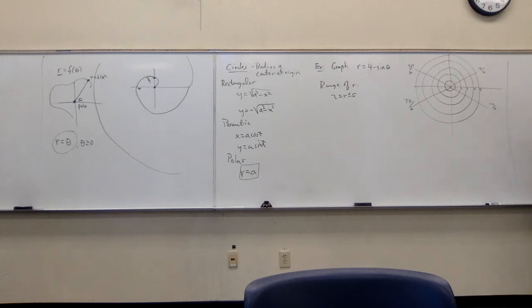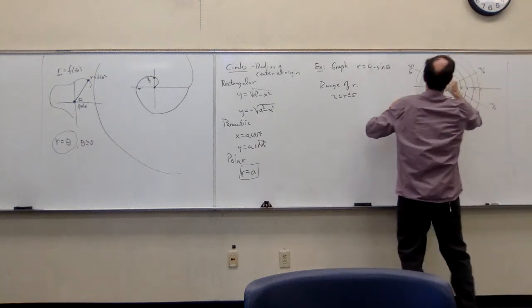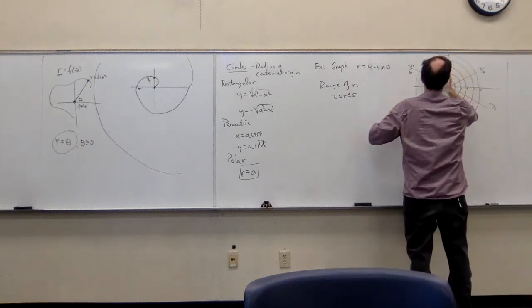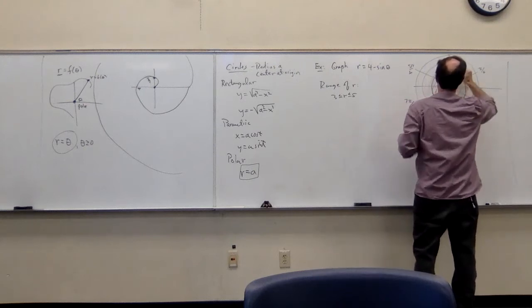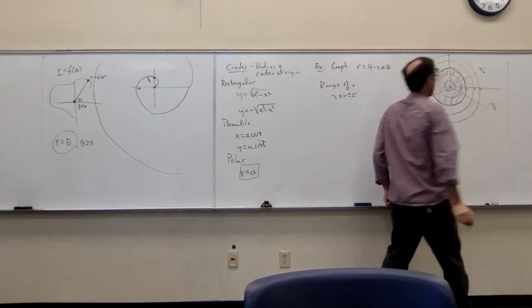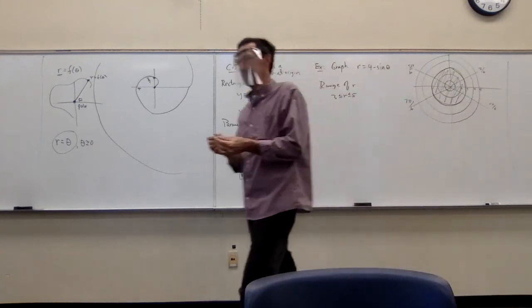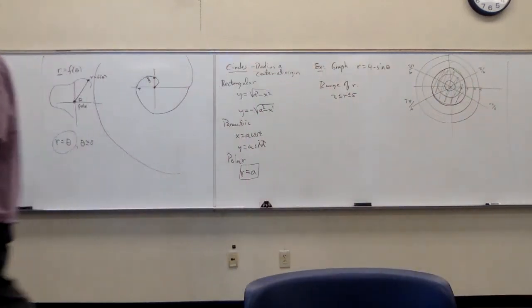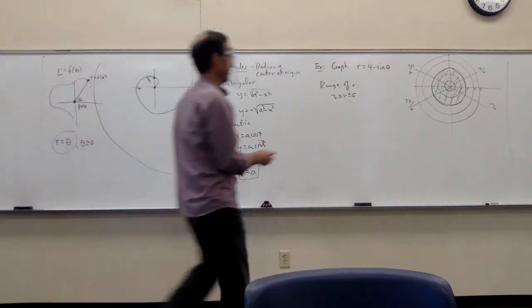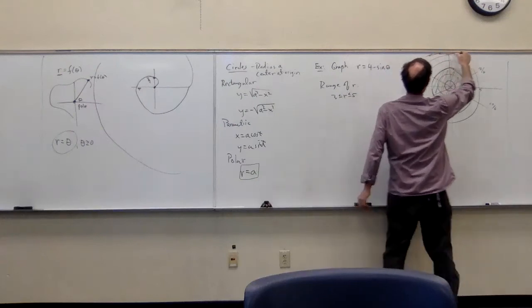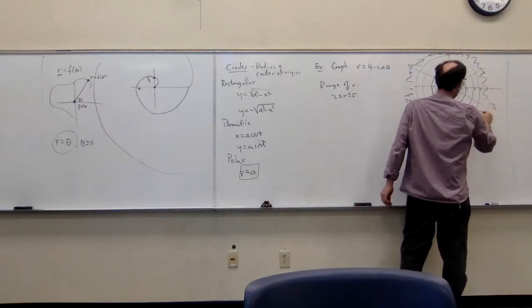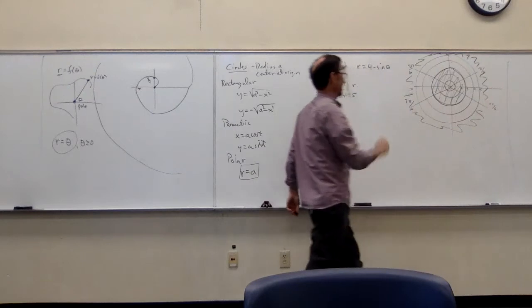The r values, the distance from the origin, are always between 3 and 5. So let's shade out the circle of radius 3, because our graph is never going to go inside. And 5 is the biggest, so there's nothing to shade out, but we can't go out past that circle of radius 5.